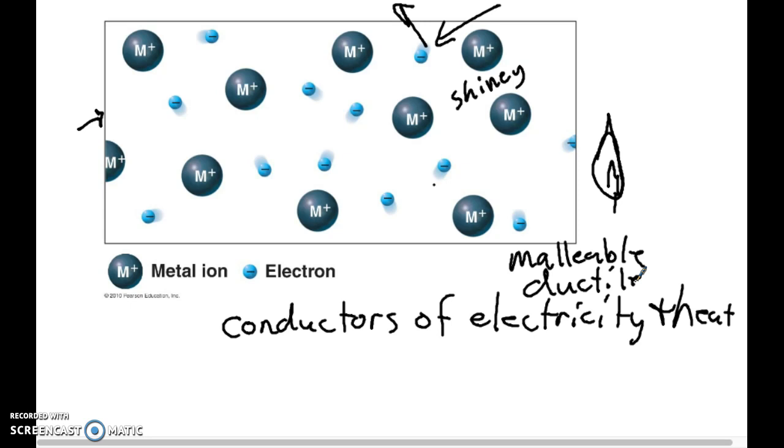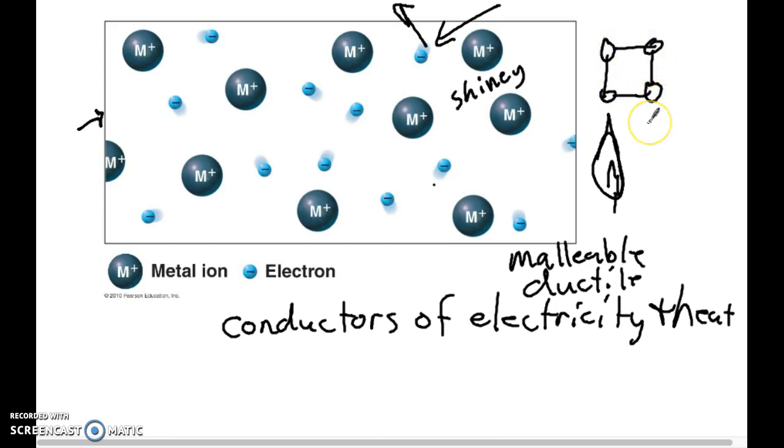Since the electrons are fairly fluid in there, the atoms can move about more. Now, they don't move around on their own. Metal looks fairly solid, but if you start hammering it, unlike a crystal, which is very locked into place, crystals are very, you've got atoms here and here, and they're locked into place, and they will not move very much.